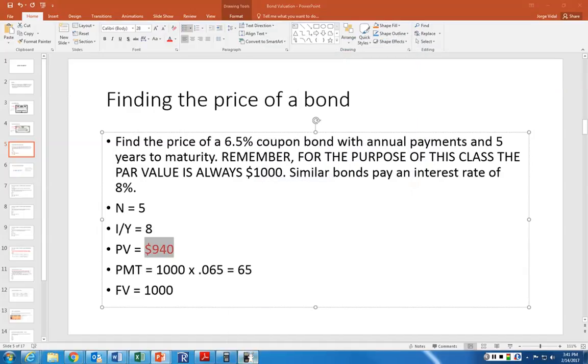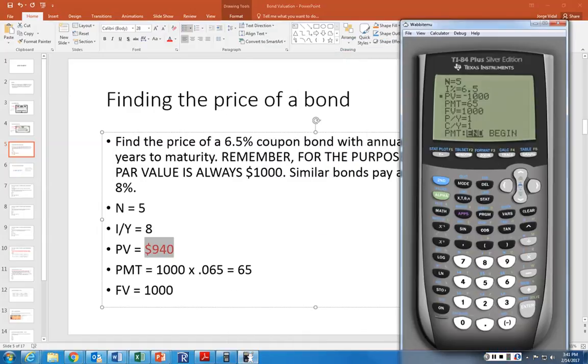Okay. In the other calculator, you do apps, finance, TVM solver, option 1. So N equals 5, I% equals 8, payment 65, future value 1000, and make sure you have P/Y equals 1 and C/Y equals 1.